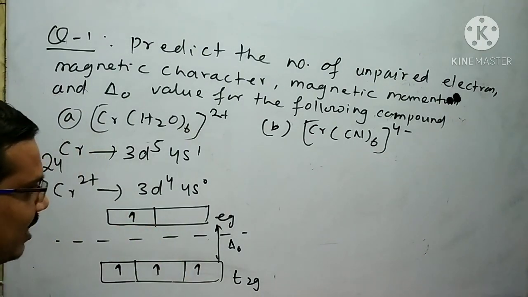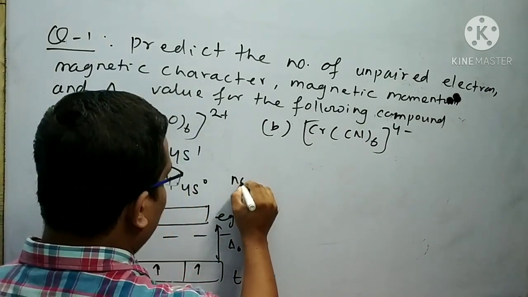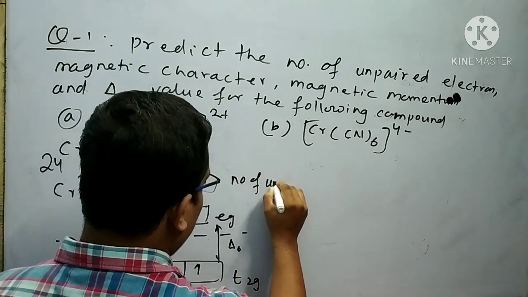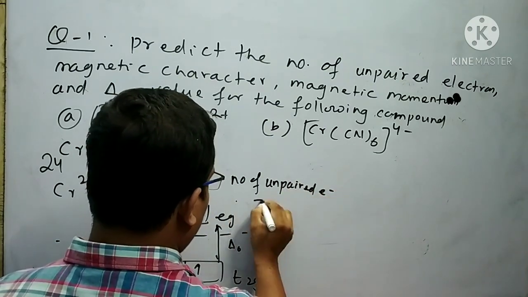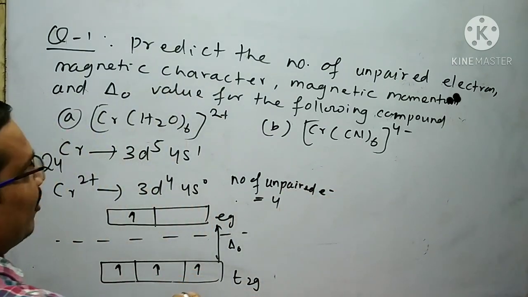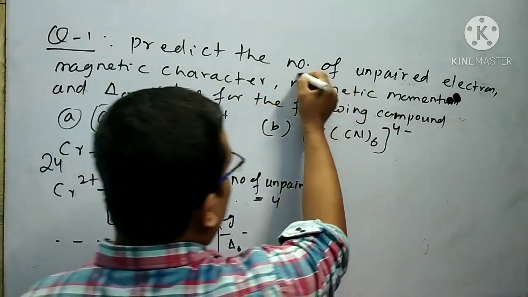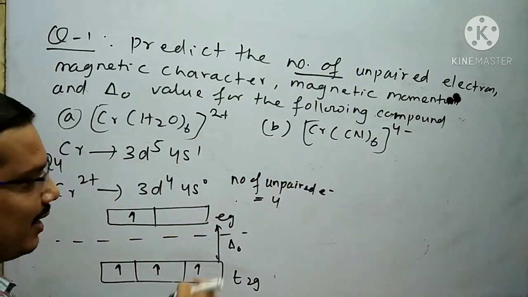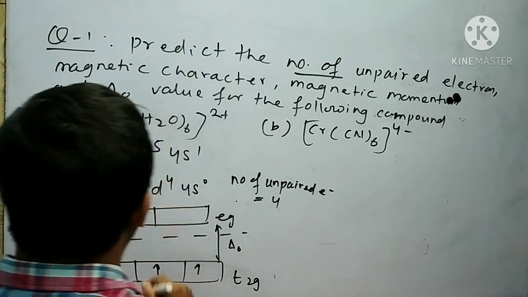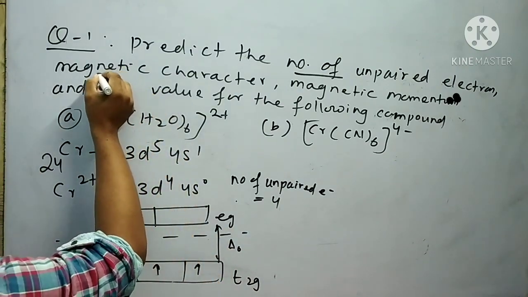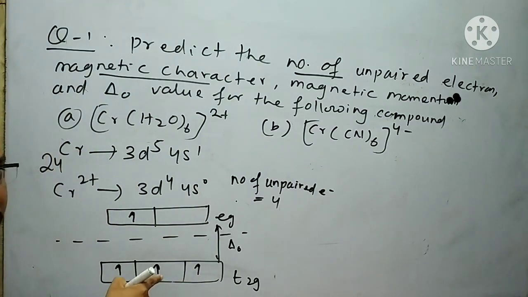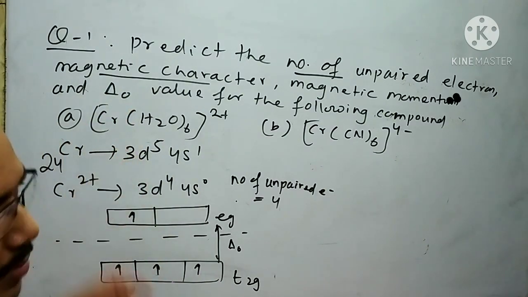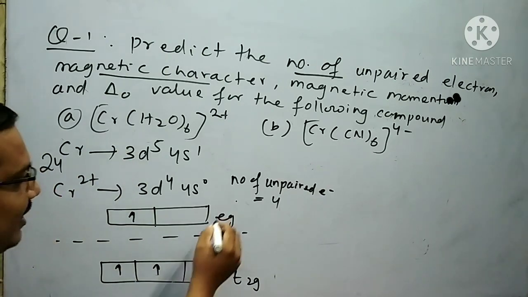According to this diagram, the number of unpaired electrons equals 4. Our aim is to find the number of unpaired electrons, so we can write the number of unpaired electrons equals 4. Next is to find the magnetic character. Here all the electrons are unpaired. So the magnetic character of this complex is paramagnetic in nature.